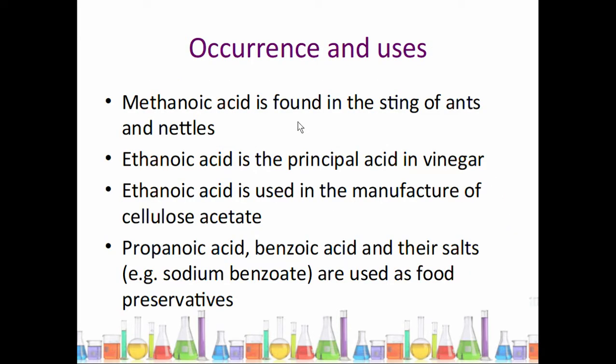Occurrences and uses: methanoic acid is found in the sting of ants and nettles. Ethanoic acid we've seen in vinegar, and it's also used in the manufacture of cellulose acetate. Propanoic acid and benzoic acid, and their salts are used as food preservatives.